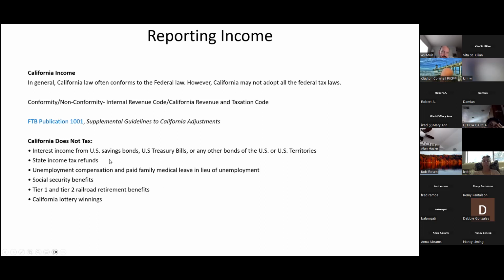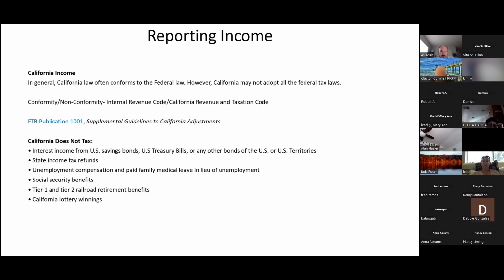Here's something that a lot of people will get a state tax refund, and they're concerned about the treatment of that. So on your federal return, if you receive a state income tax refund and you did not itemize on your federal return in the previous year, you did not take what is called a tax benefit, which means your state tax refund is not taxed on your federal return.